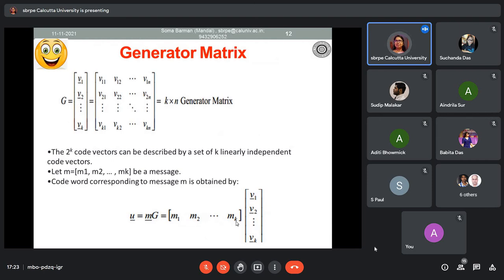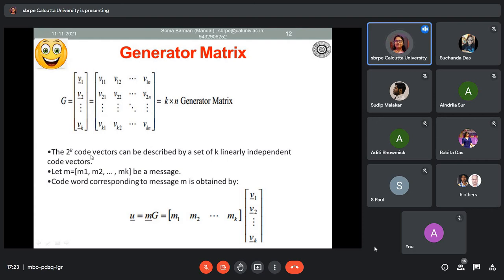By using these basis vectors, we generate what is called a generator matrix. As we are considering k message bits, the basis vectors are V1, V2 up to Vk, and this will be like V11, V12 and so on: a k cross n generator matrix generated by using the basis vectors.